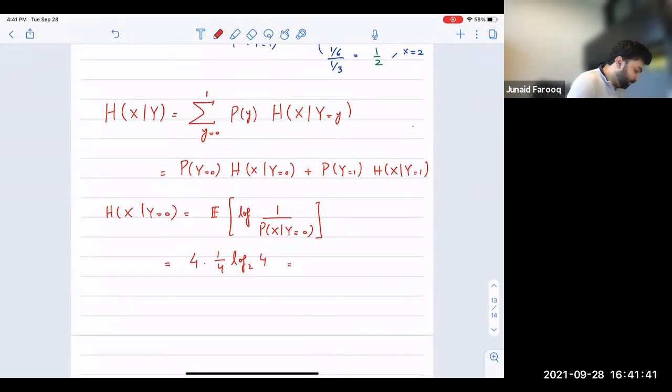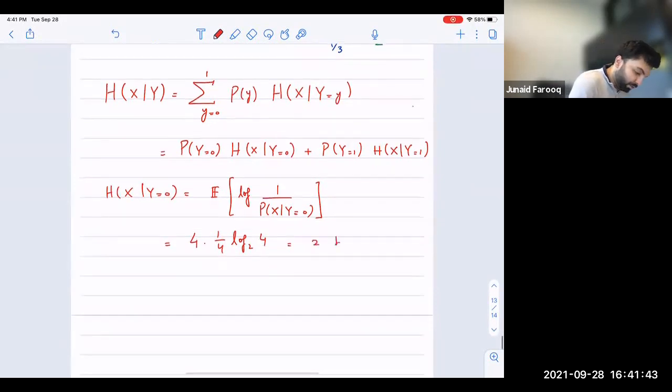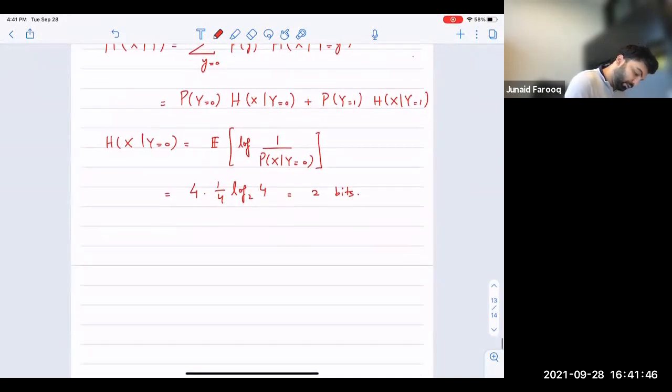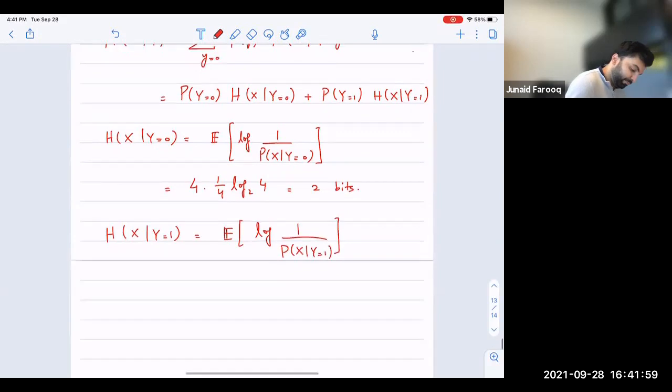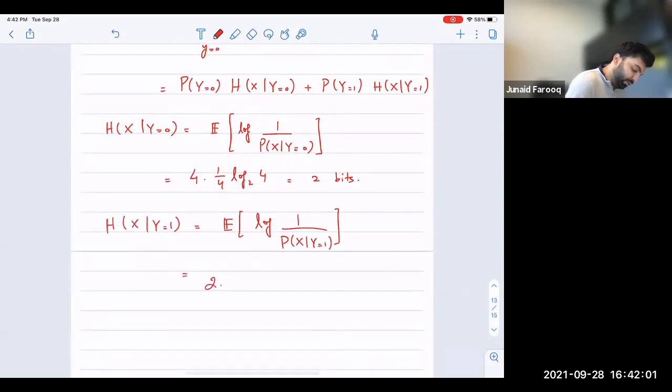Okay, and this is 2 bits. And h of x given y equals 1 is really the expected value of log 1 over probability x given y equals 1. So this time we have two values of probability half. So we'll have half log 2 of 2. And that turns out to be 1 bit.